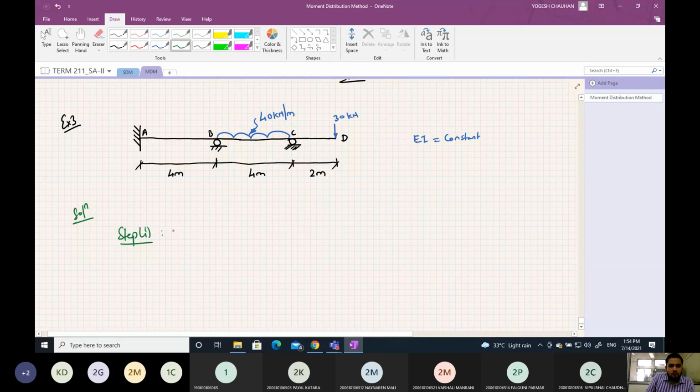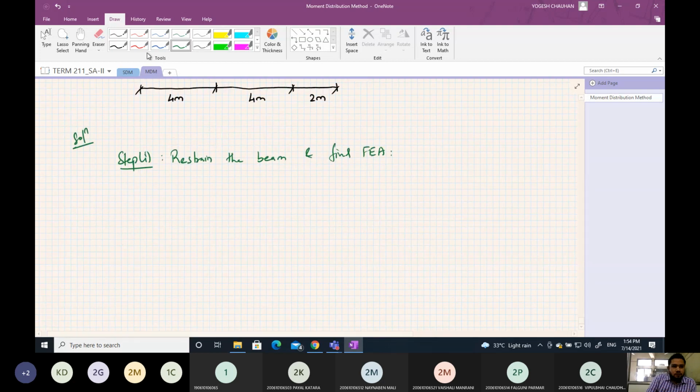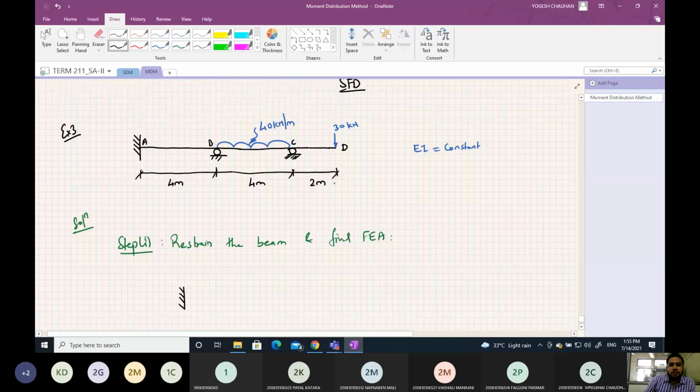Step 1 is restrain the beam and find friction actions or friction moment. Note that this beam can be treated as equivalent to this.